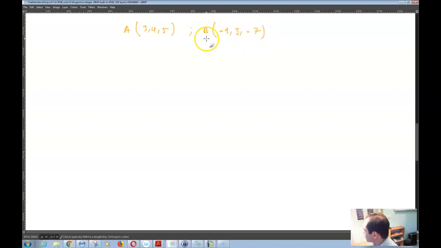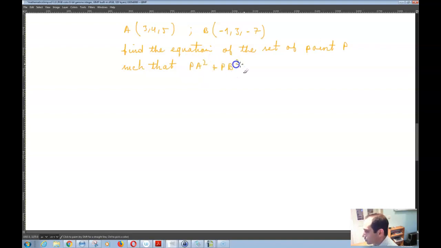Find the equation of the set of points P. Set of points is usually a plane. P such that PA squared plus PB squared is equal to K squared, where K is a constant.